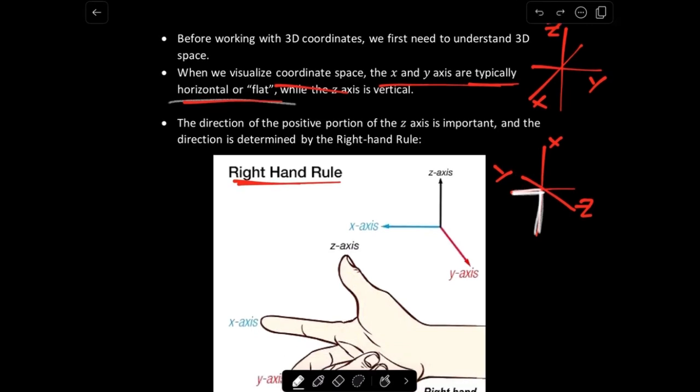So you use the right-hand rule. Your pointer finger should be angling downward. Your middle finger should be angling here. And let's do it. Your thumb would be pointing in that direction there. So this would be the positive z axis. That's why we have the right-hand rule. Because when we draw the 3D coordinate system a bit differently, we know where the positive z axis is if we know where positive x and positive y axis are.